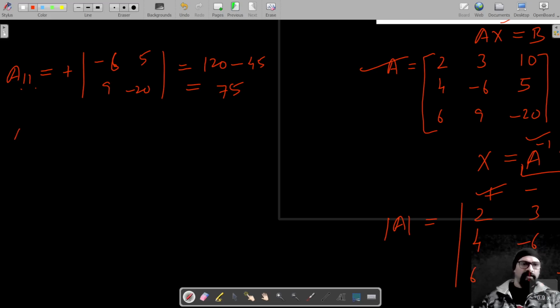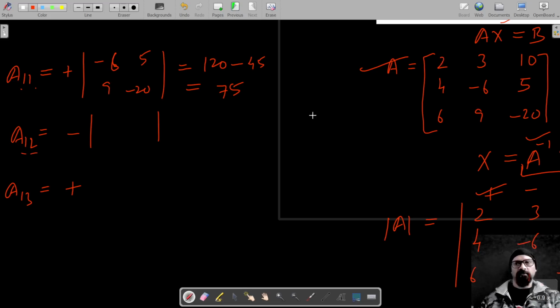Let's find out A12, which is negative. A13, 1 plus 3 is positive. So removing the row and the column for A12, this is the row and this is the column. So remove the row and the column for 3. We are left with 4, 5, 6, and negative 20.